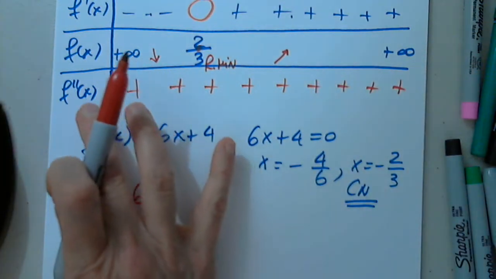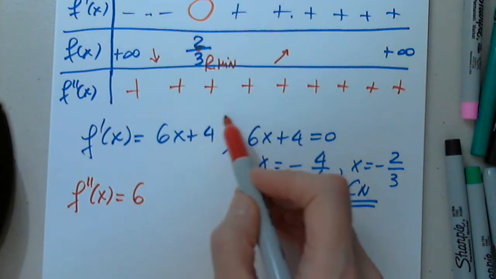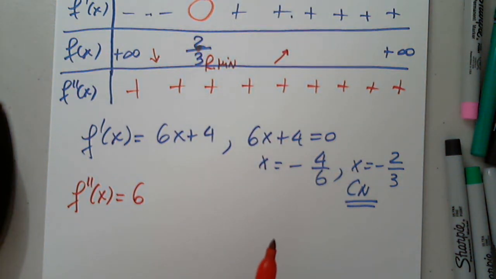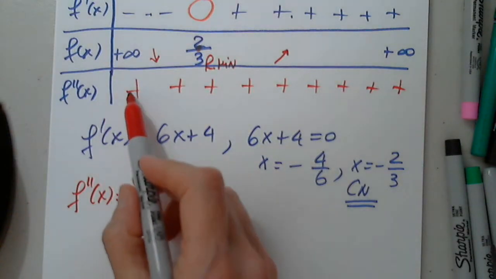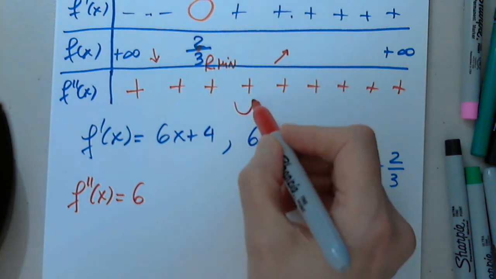So if the second derivative is always positive, is the function concave upward or concave downward? Upward. Very good.